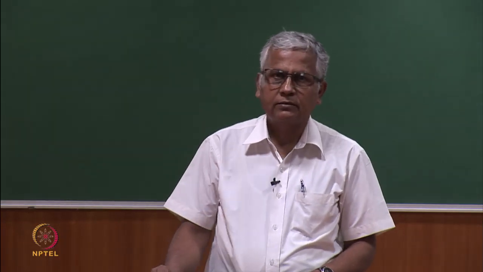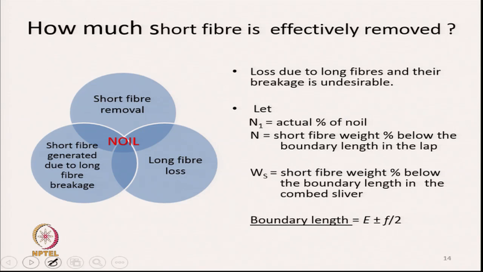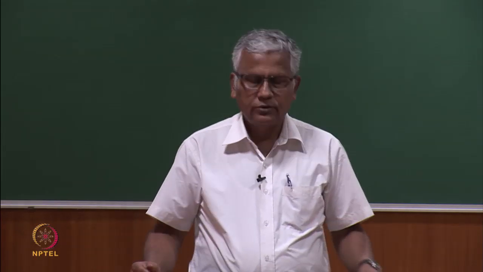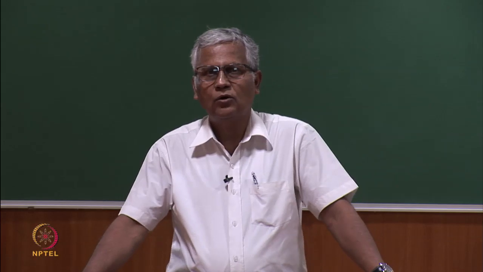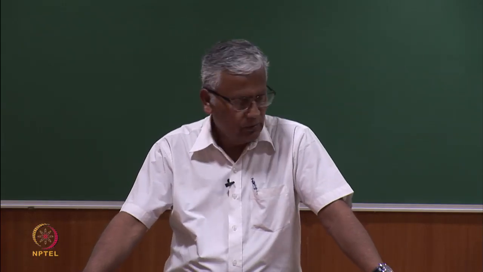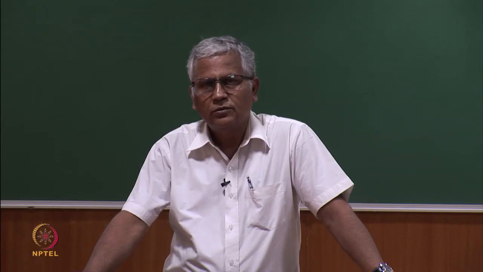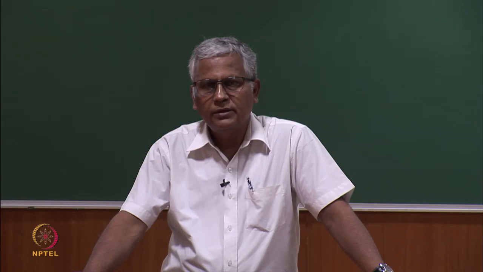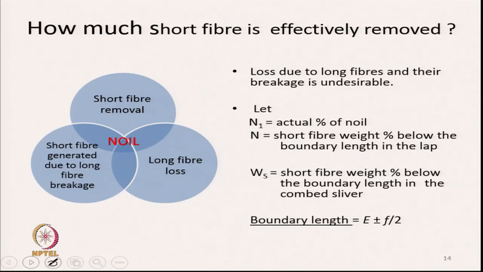Another concept is how much short fiber is effectively removed. The point is that while the combing process is going on, some of the long fibers also might break during the combing actions. So, it is not that we are removing the short fibers which are present in the comb lap, but the machine may also generate some amount of short fiber because it is breaking some long fibers, because of the combing force.